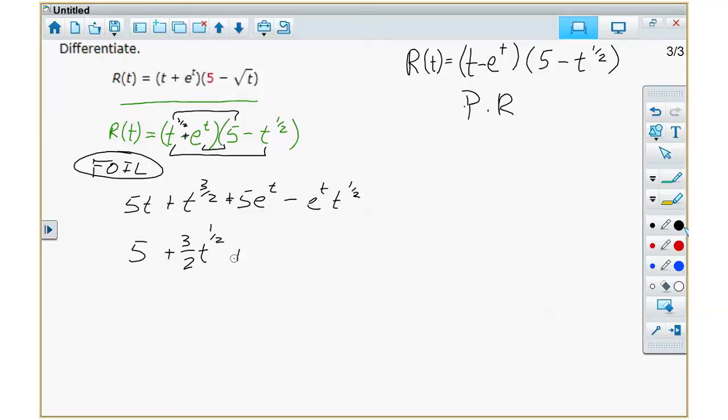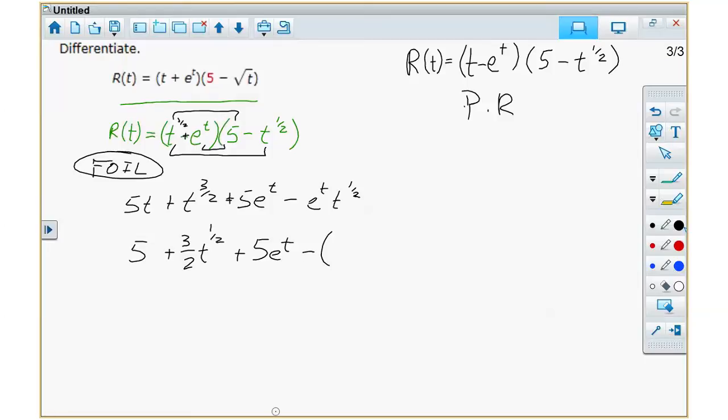Plus, actually, this is the same thing because e to the t is what? So don't mess that up, people. And then this, we've got to use what? The product rule. That's right.